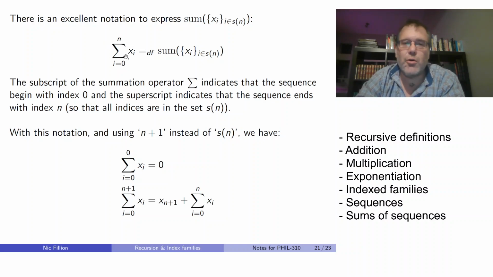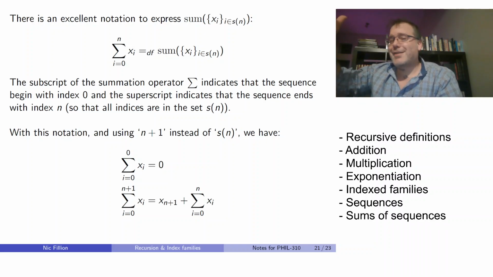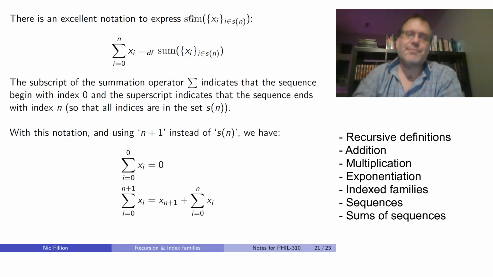So that's the lower limit, that's the upper limit. Why? Because 0 is the smallest number in the set Sn, and n is the largest number in the set Sn. So then you're going to have x0 plus x1 plus x2 plus, dot dot dot, plus xn.